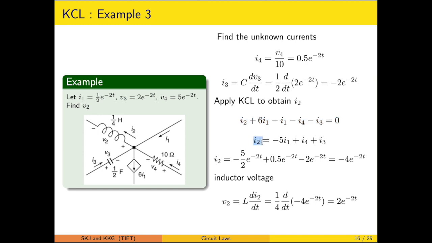This I2 is the current through the inductor, and after that we calculated the inductor voltage likewise. And as to be noted, resistance is a passive device, capacitor is a passive device, inductor is also a passive device. So the terminal to which the currents are entering, they are marked positive likewise.